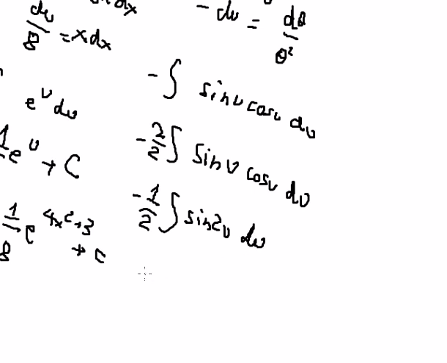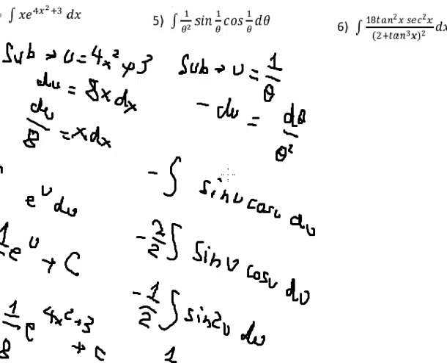So you get negative 1 over 4 cosine 2u plus c. About u, that is 1 over theta.